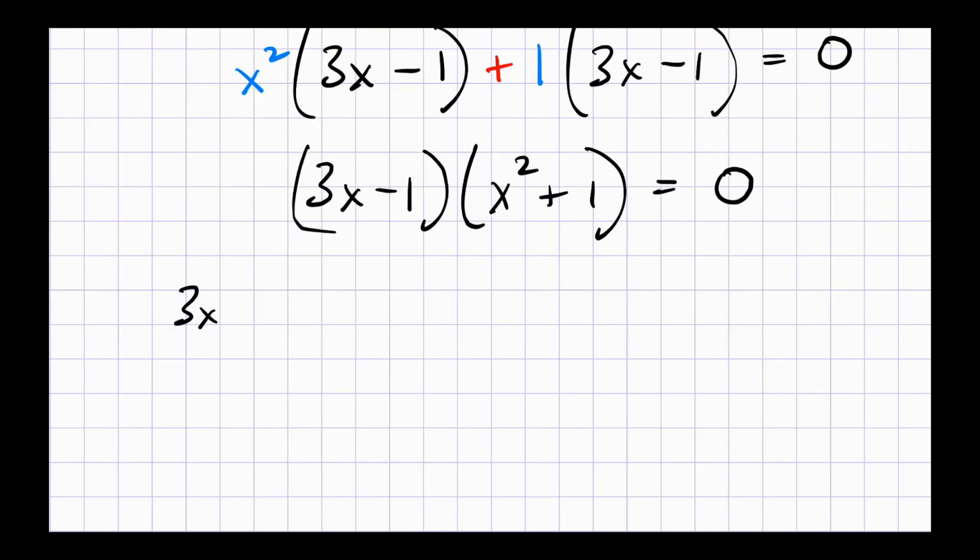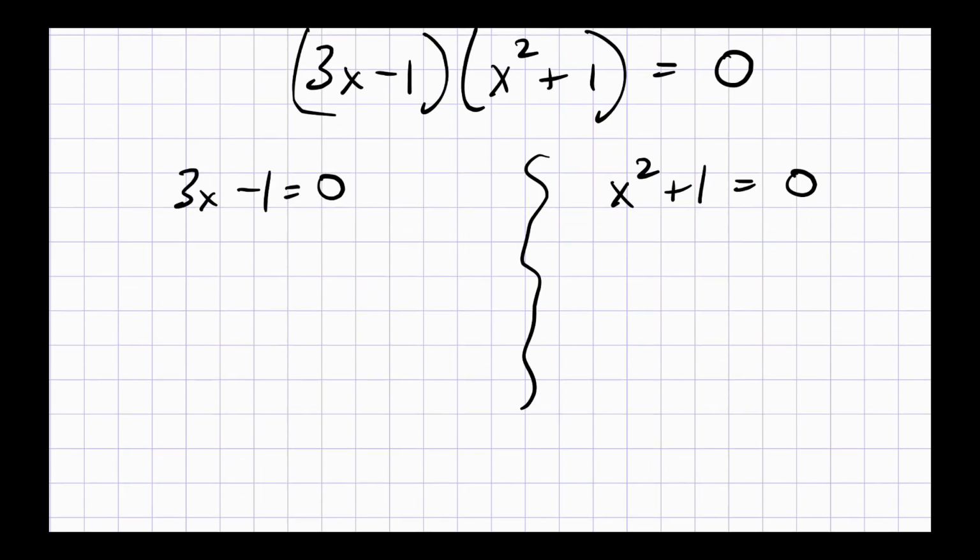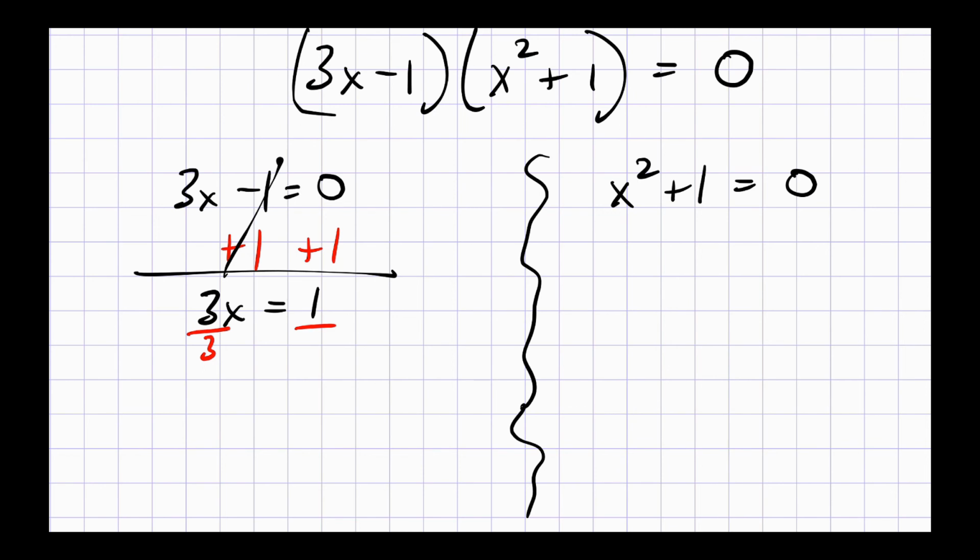So now I'm going to separate them, set them equal to 0, and solve for all three answers. So over here I get 3x equals 1. Divide by 3. I get one answer as 1/3. Okay, my other two are locked in over here.